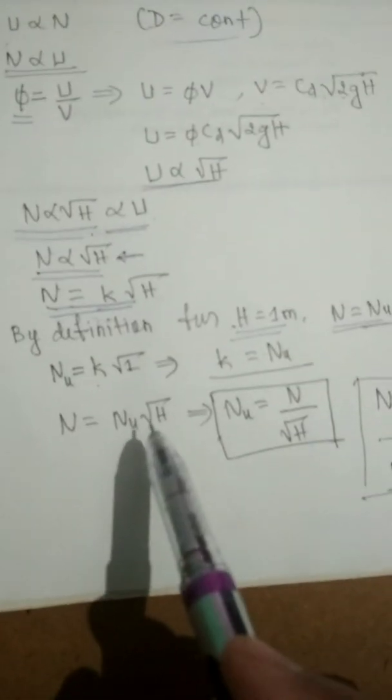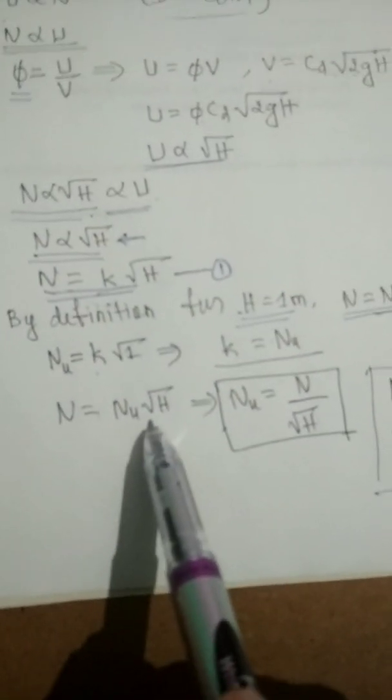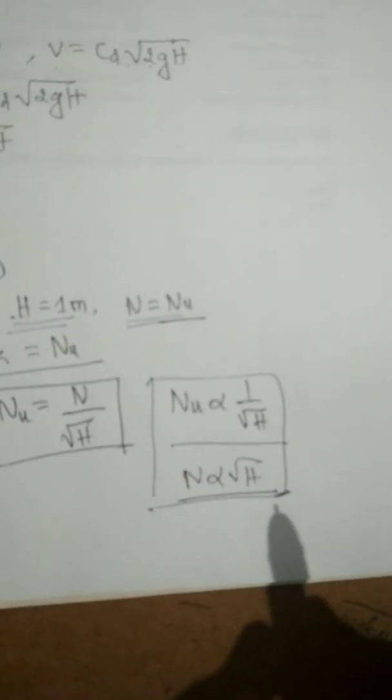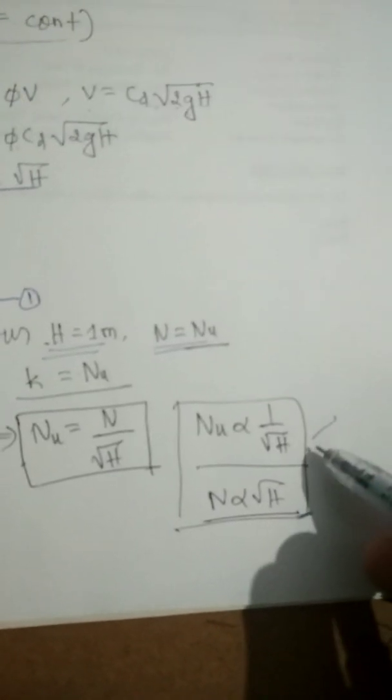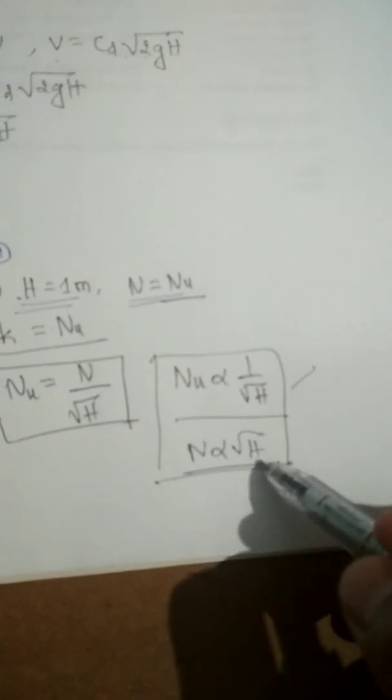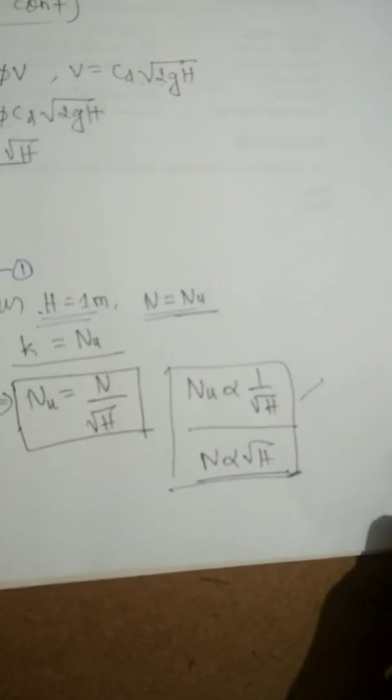Substituting the value of k in this equation, we get n is equal to nu into square root of h. So we have nu is equal to n upon square root of h. Here we can see two important relations: unit speed is inversely proportional to square root of head, and speed of the wheel is directly proportional to square root of head.